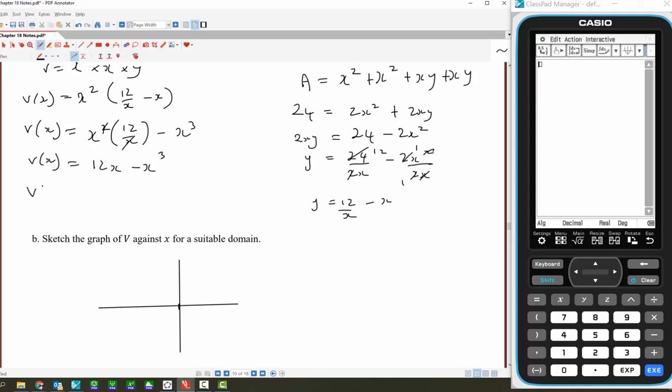Let's do, actually I can get it: v of x equals x times 12 take away x squared, so x equals 0, and x equals plus or minus root 12, which is 2 root 3. So we're going to get one at 2 root 3 and one at negative 2 root 3.